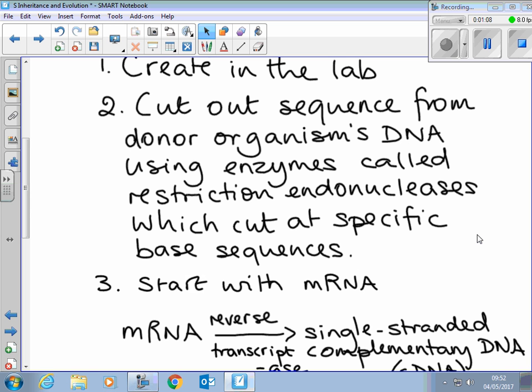Okay, so if you look at that top one, you're getting a cut in a sequence that goes AGCT, and if you look at the other strand, the complementary strand, you've got TCGA. So you've actually got sequences that read the same in both directions.